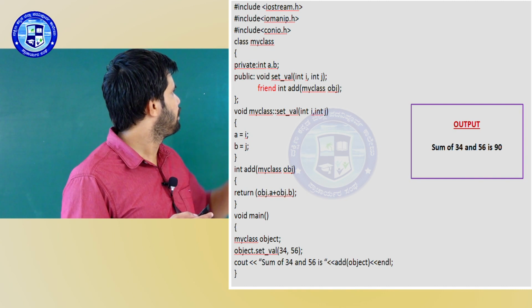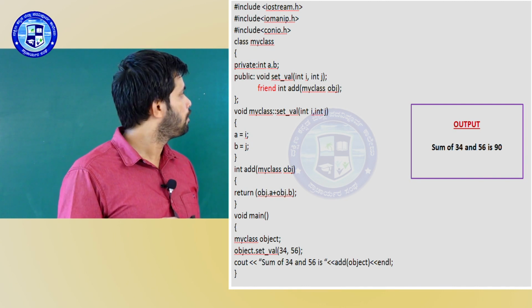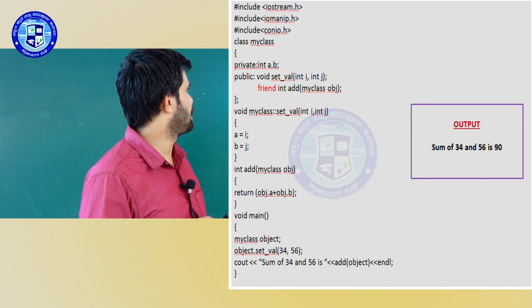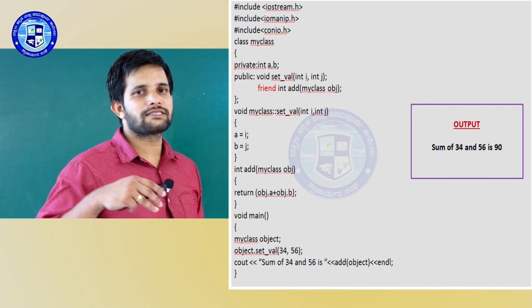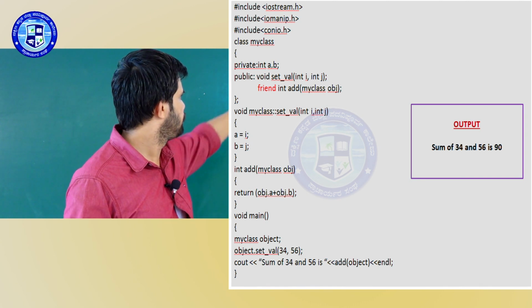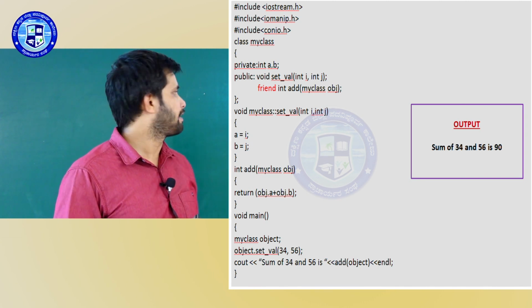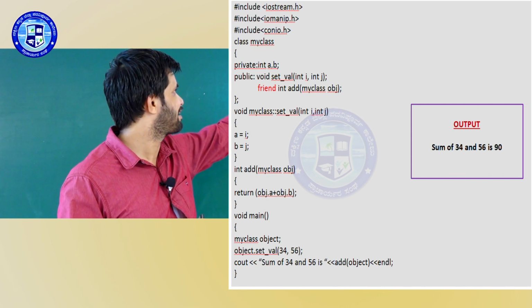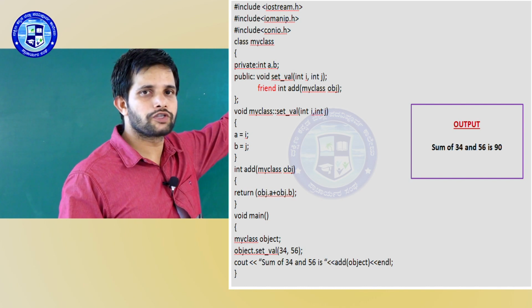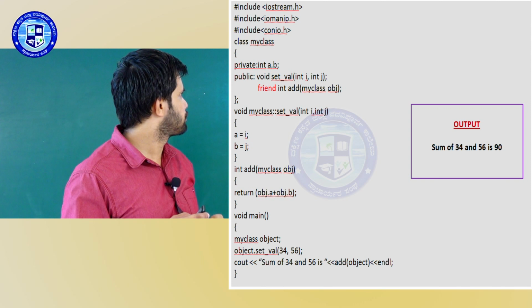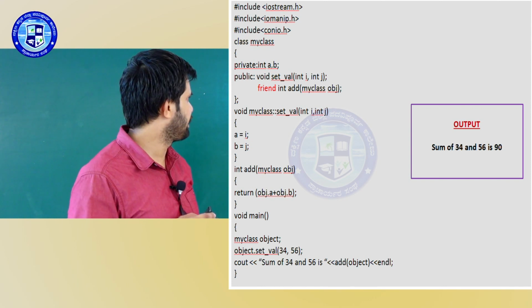Now let me have the definition of each function. First let me define the member function, that is set_val. How is the member function defined outside the class? You are supposed to use the class name and scope resolution operator. It will be defined like this. You will write the return type specifier void followed by the class name myclass. You will use the scope resolution operator, the 2 colons, followed by the name of the function, that is set_val.